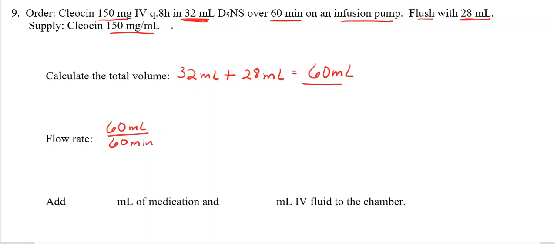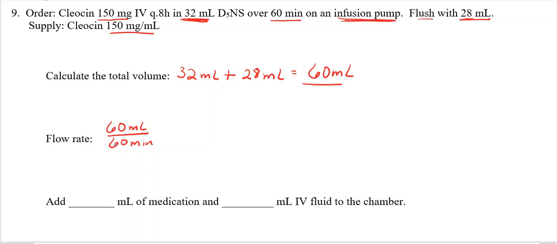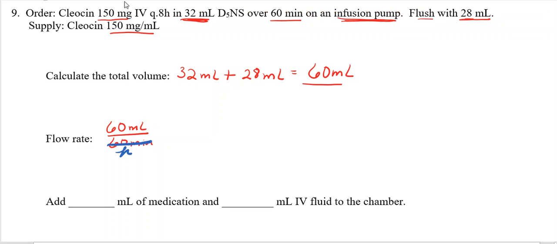Since this is an infusion pump, I need it in milliliters per hour. So I can change my 60 minutes to 1 hour, and then I have 60 milliliters per hour as my rate.